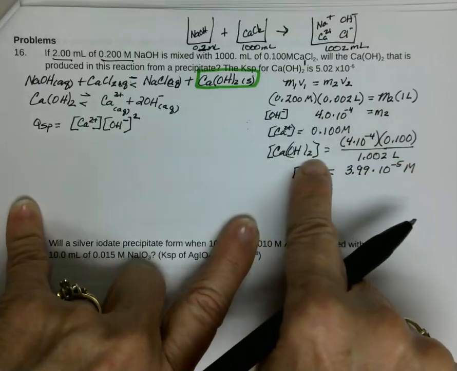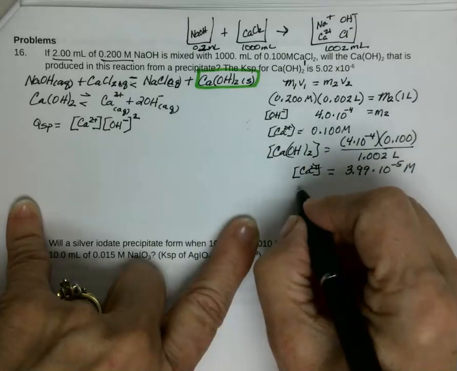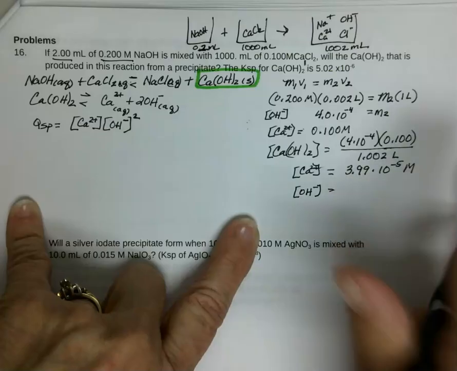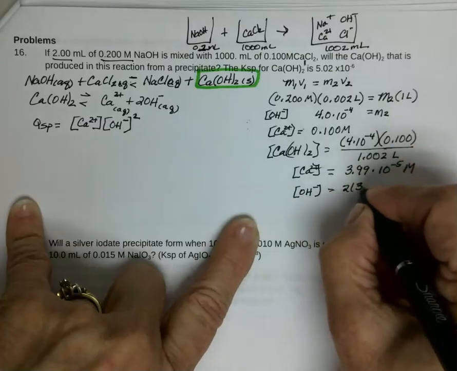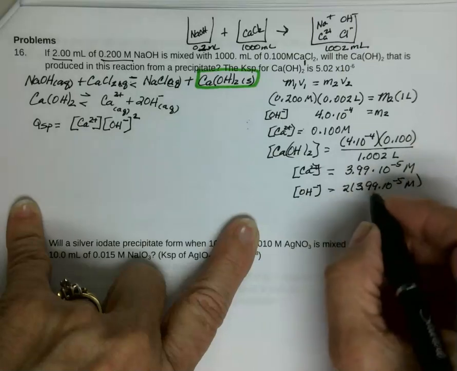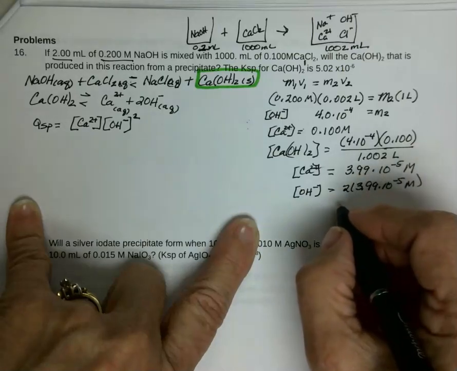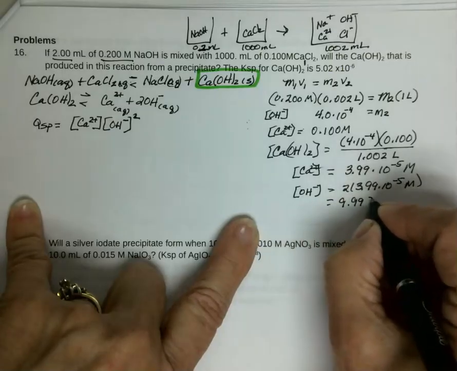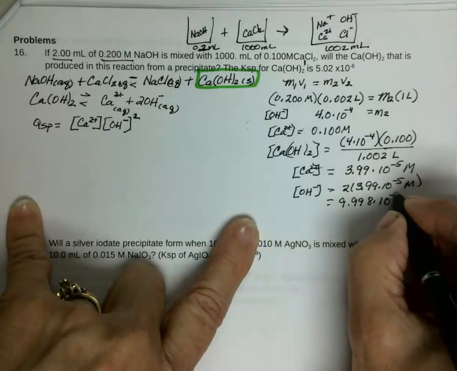But hydroxide is a 2:1, so my hydroxide molarity is twice this. Okay, and again, check my math, but I got, let's see what I got, 9.998 times 10 to the negative 2.